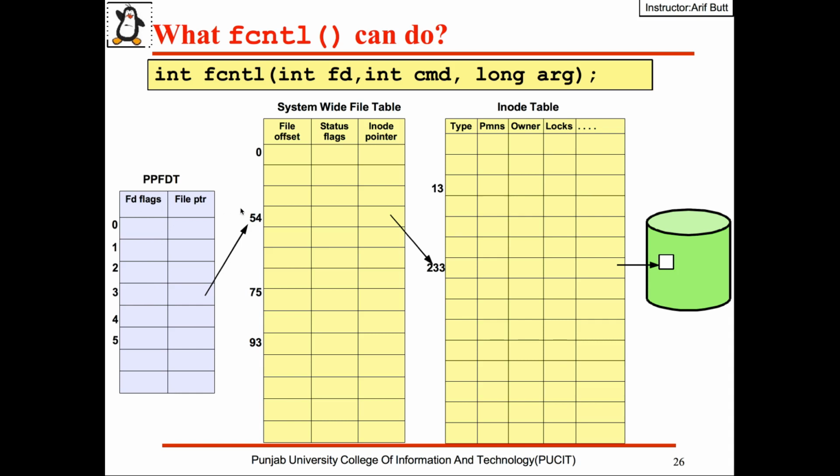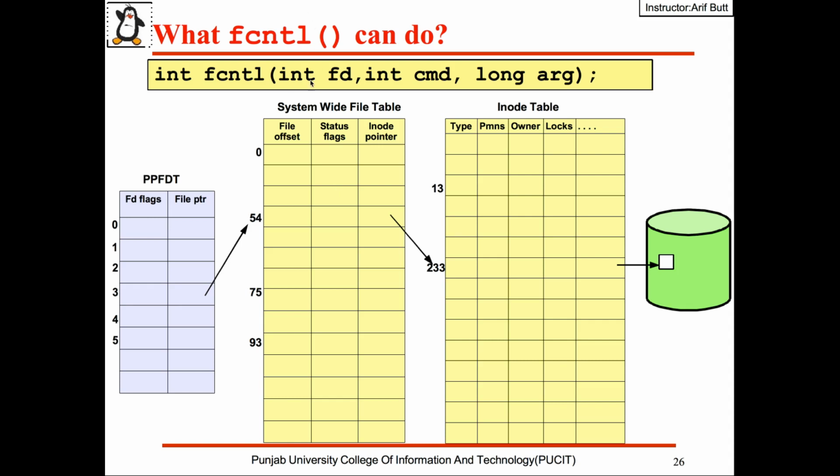You can get or set the file status flags in the system-wide file table. Like, you can see the file access modes, that is read only, read write or write only, and you can check for the file operating mode flags as well. For example, the append flag, the sync flag, and the non-blocking flag. And finally, fcntl can also be used to achieve locks on open files.